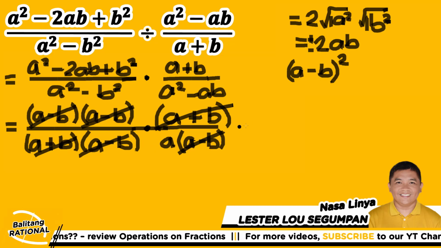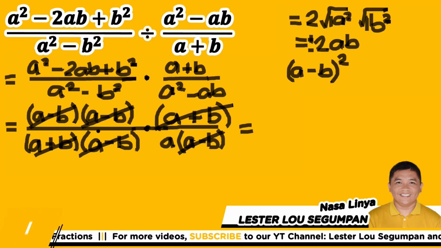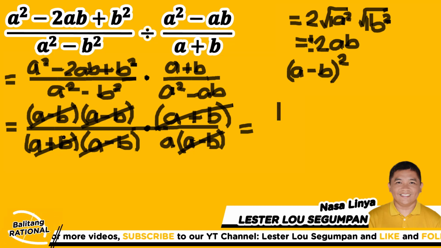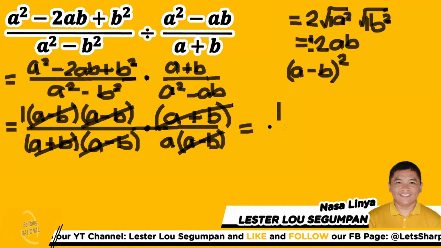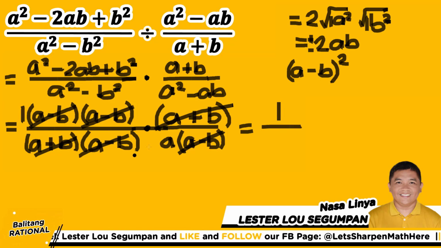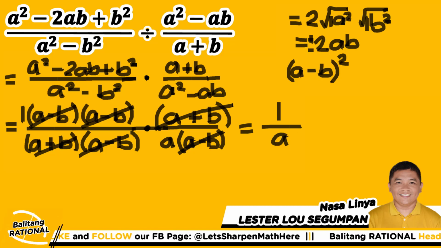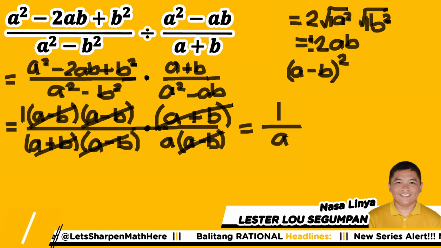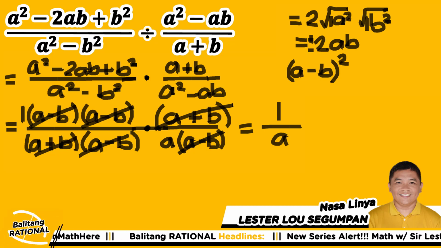So yung natira pong expression natin sa ating numerator, wala po, di ba? Pero meron po yang 1 kasi lahat po ito has numerical coefficients equal to 1. So we have 1 over yung natitirang expression sa baba is simply a. This means na yung ating simplified form sa ibinigay na rational expressions is simply 1 over a.